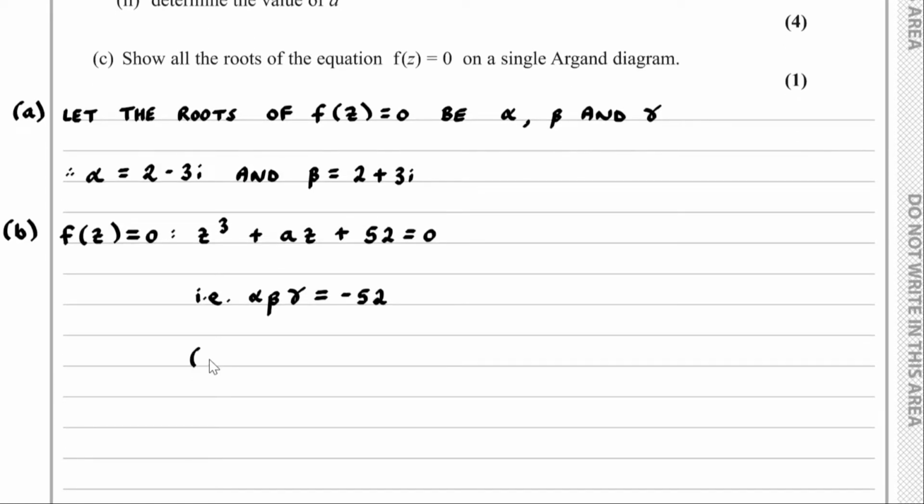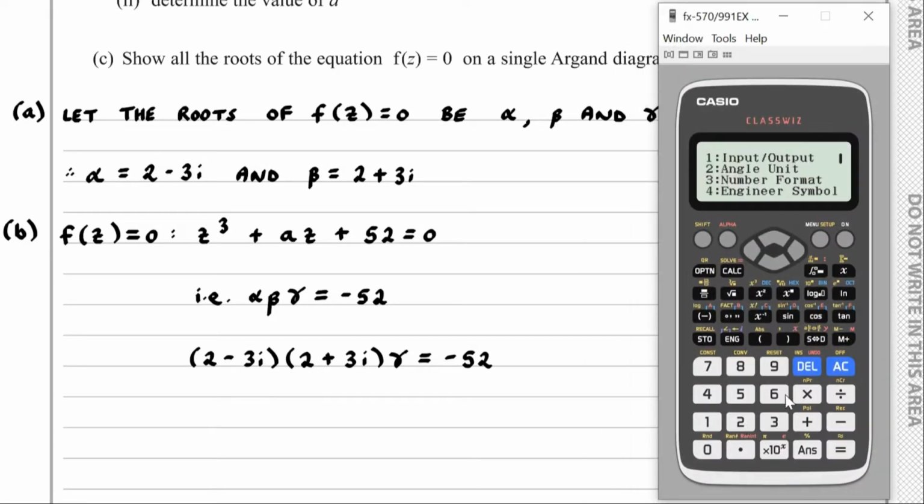So we have 2 minus 3i multiplied by 2 plus 3i multiplied by gamma equals negative 52. 2 minus 3i multiplied by 2 plus 3i, well, we can use the complex feature on our calculator to work that out. That's 13.